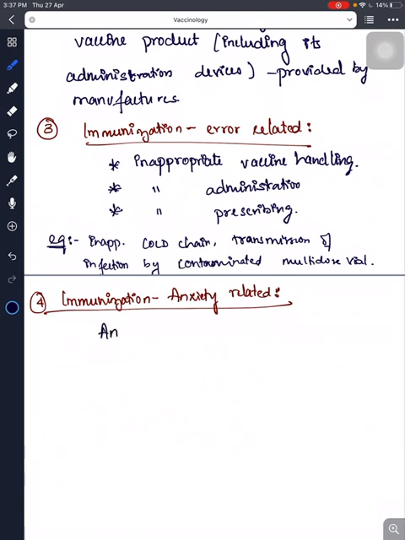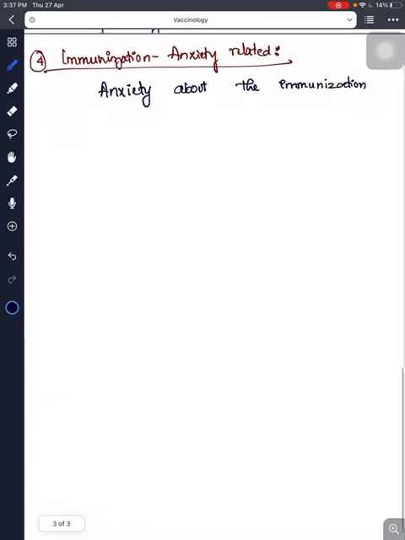That is, they are going to prick the child, so sometimes the child will be anxious about the pricking. Or vasovagal syncope can be caused in an adolescent following vaccination, also because of the anxiety.